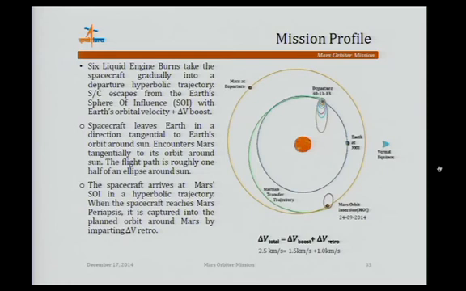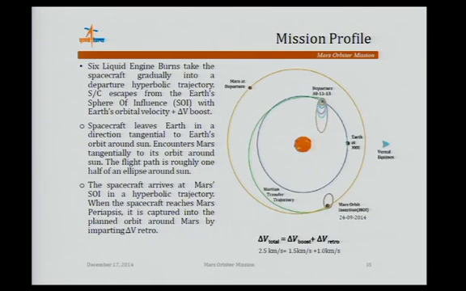I will now cover the mission profile to reach Mars. Basically 6 liquid engine burns took place gradually to reach Mars, on a hyperbolic trajectory for the spacecraft to escape Earth's sphere of influence with Earth orbital velocity plus delta V boost.